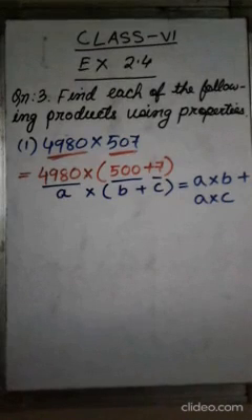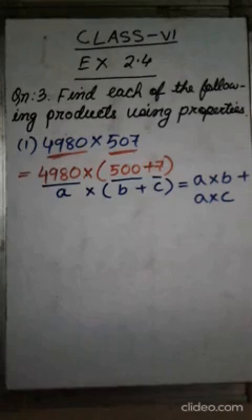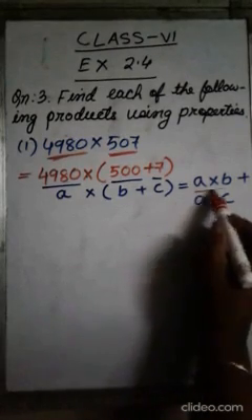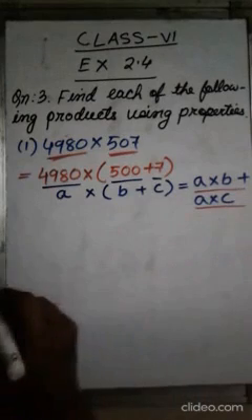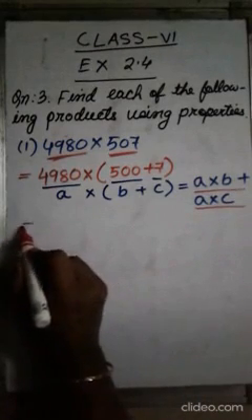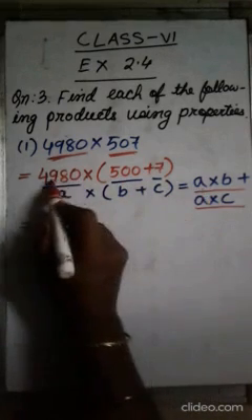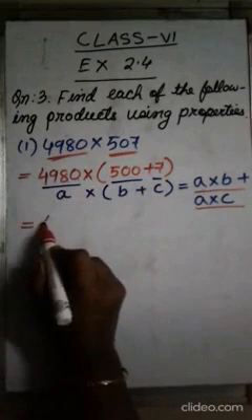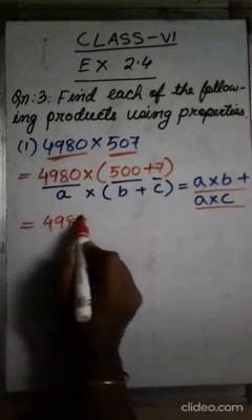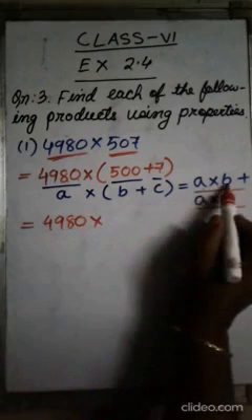So now we shall write the numbers in this pattern. A is 4980, A is 4980. 4980 into B is what?